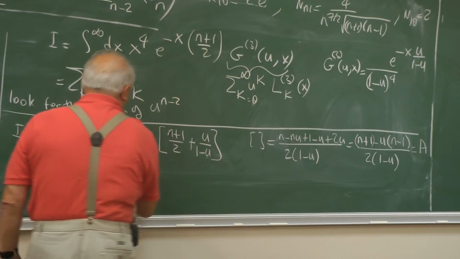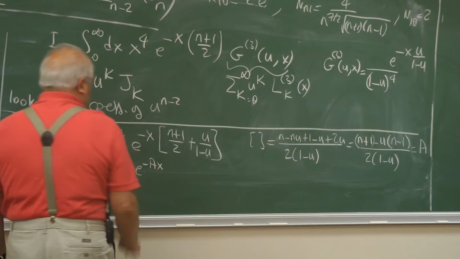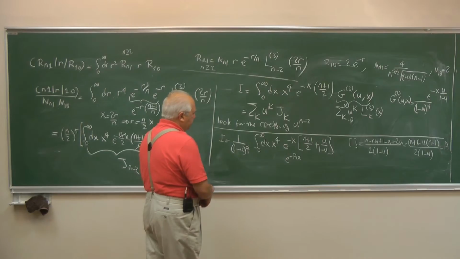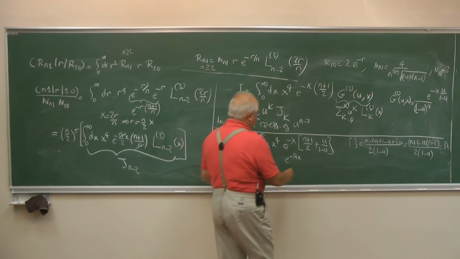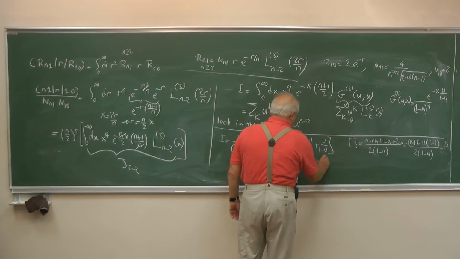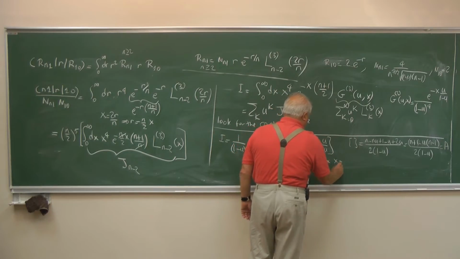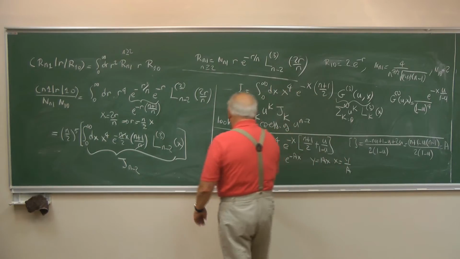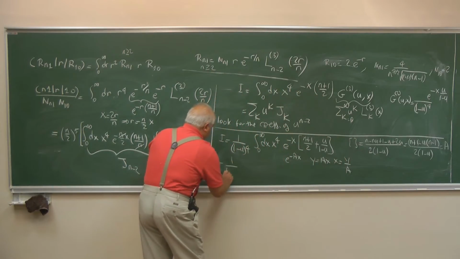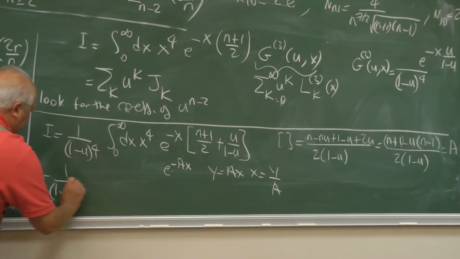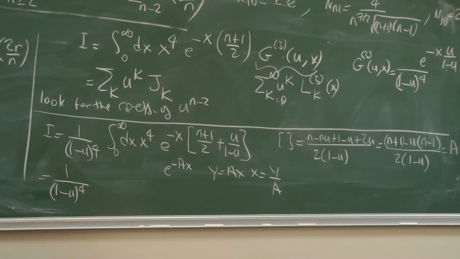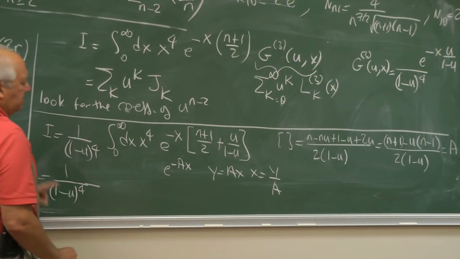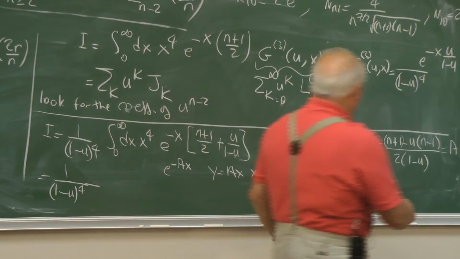So this is e to the minus a x. Now you see the integral is very easy. Just change the variable once more to y equals a x. x is equal to y over a. So this is equal to 1 over 1 minus u to the 4, times 1 over a to the 5th.